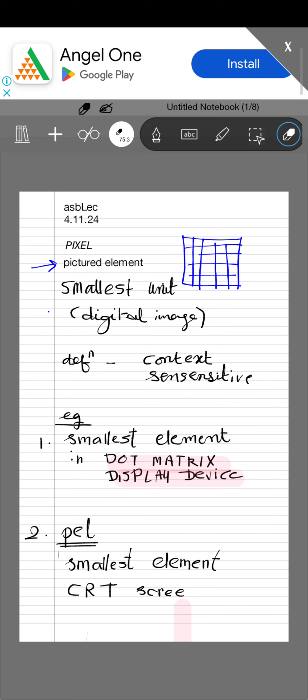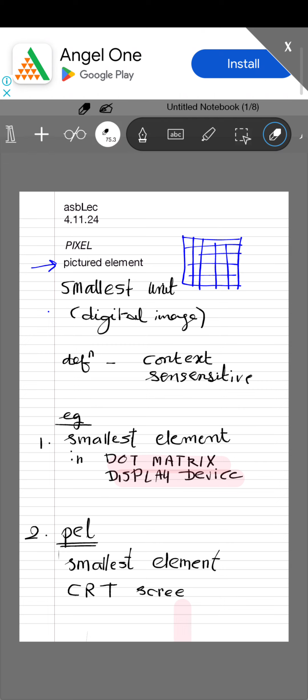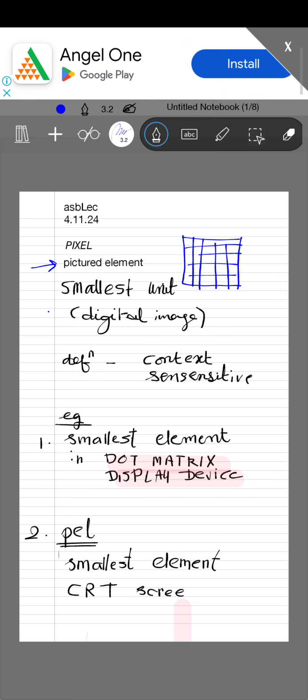However, the definition of a pixel changes with different contexts, so it is also a context sensitive term. For example, if we are talking about the smallest element in a dot matrix display device, it is also called a pixel.